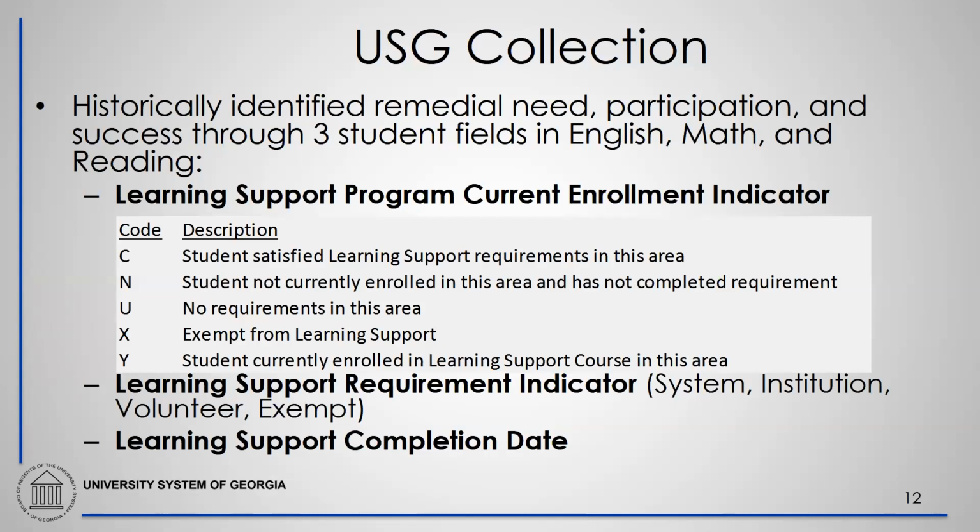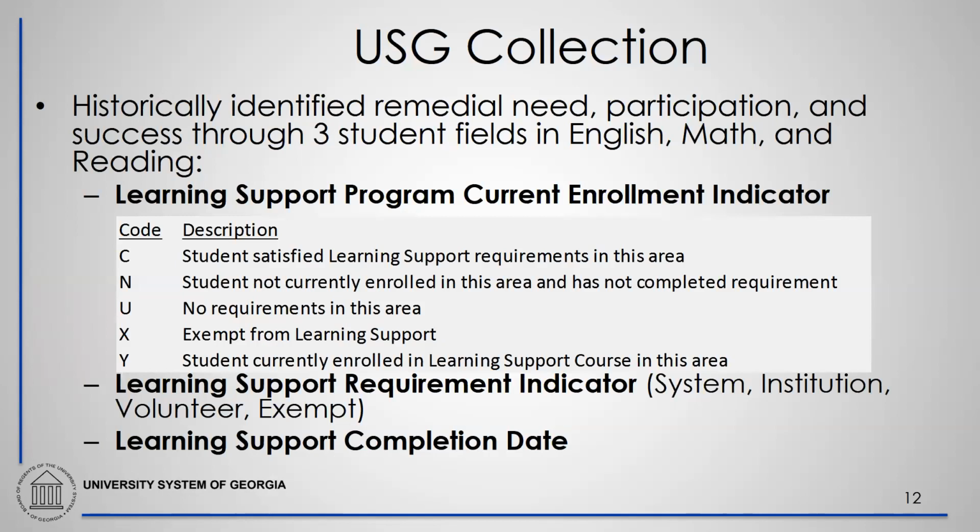And then we also have a learning support completion date. Once a student has satisfied learning support, there's a date that goes on their file of when they exited learning support. So if you are a system that doesn't collect course data, you could still get all of the information you need to report on co-requisite remediation.